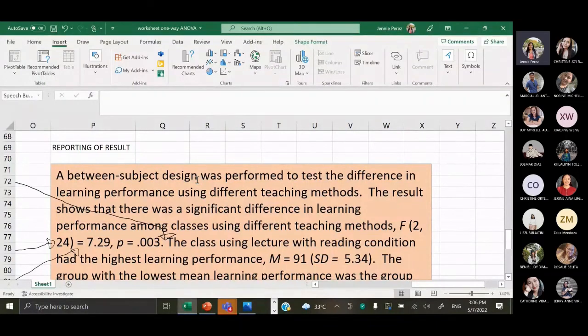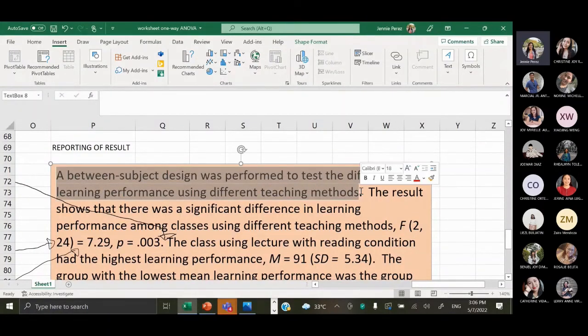This is not a within subject design, meaning to say each participant in the experiment or in the study served only one condition of the groupings that you made. So a between subject design was performed to what? To test the difference in learning performance using different teaching methods. So this statement here is the objective.